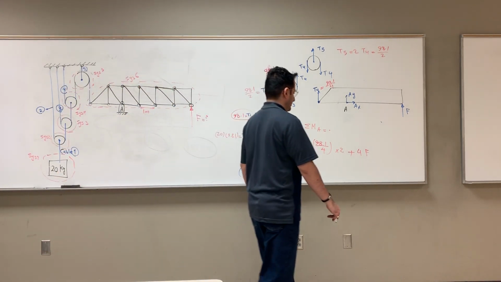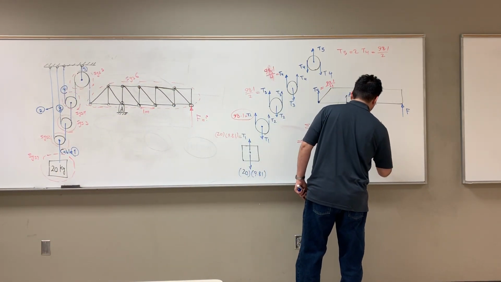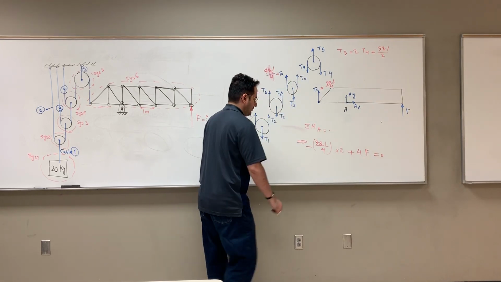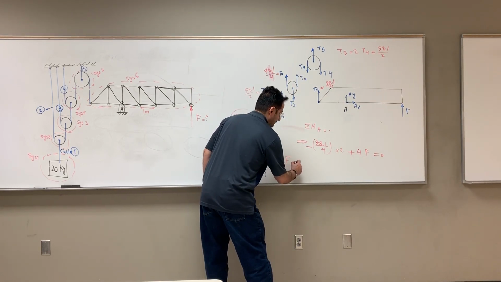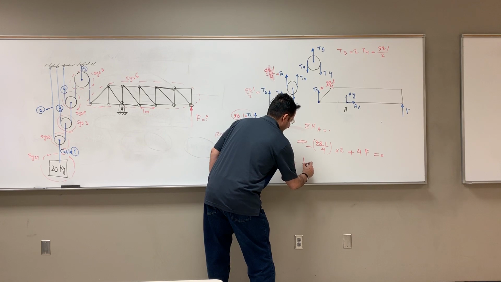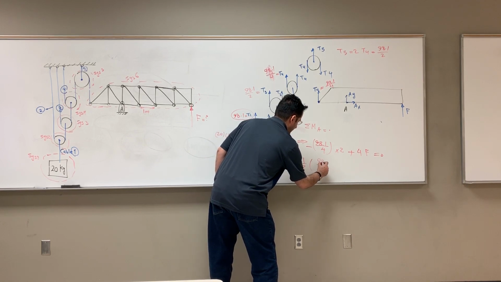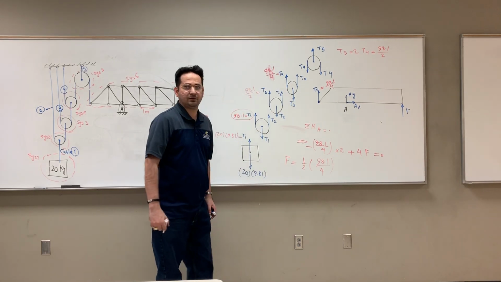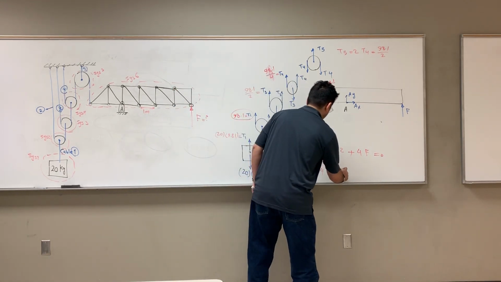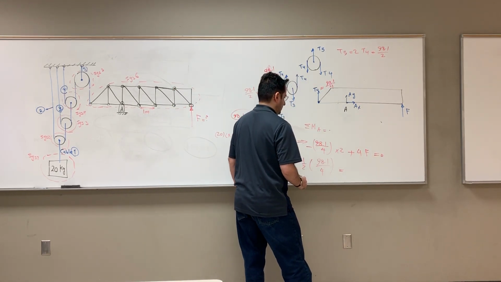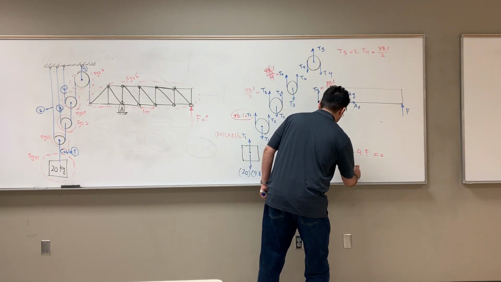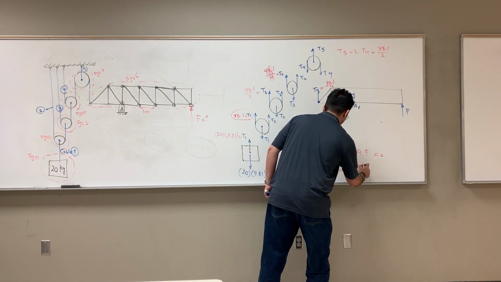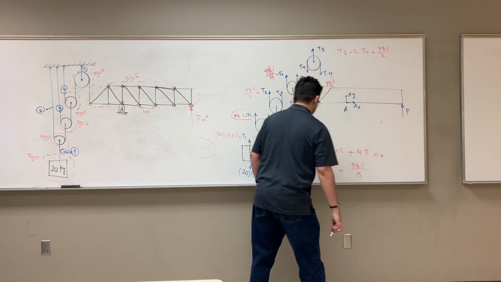Is equal to 0. So F is equal to half of 98.1 divided by 4. So it's equal to 98.1 divided by 8.